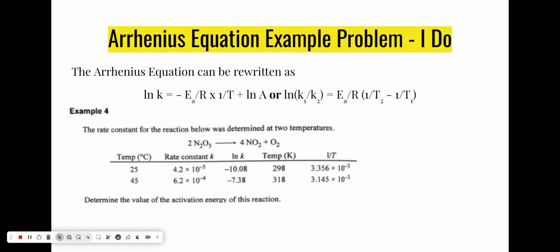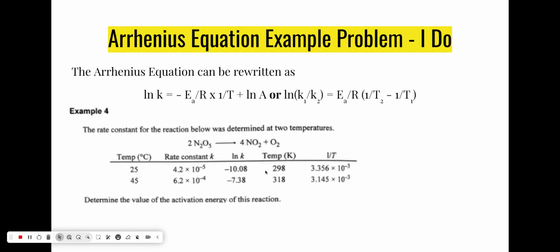It gave us the rate constant, but also the natural log of K, the temperature in Kelvin, and 1 over temperature. So it did a lot of the math for us here. We're really just going to have to plug in numbers. And it wants us to determine the value of the activation energy for this chemical reaction. So we want to find the E-act.